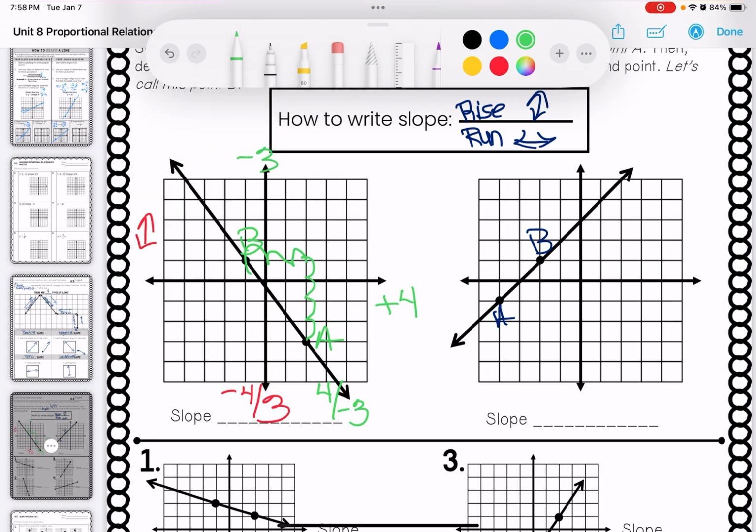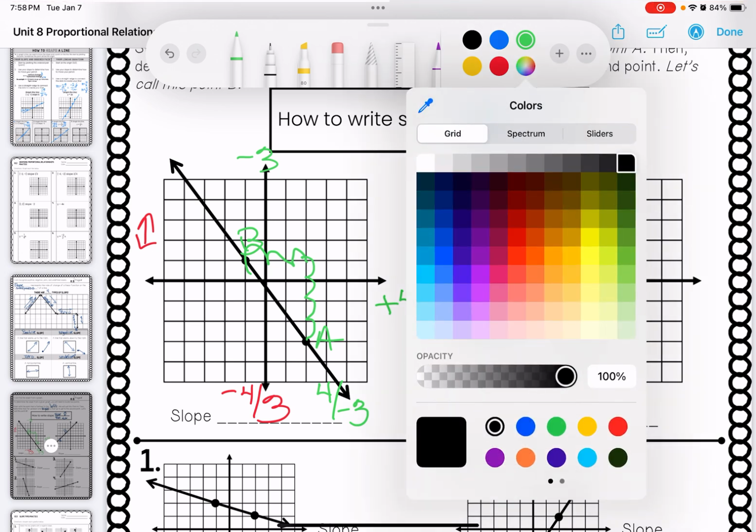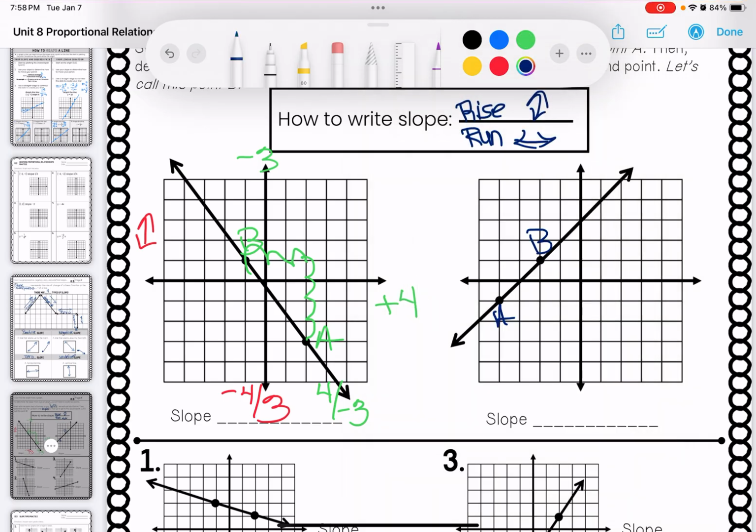All right, so let's go ahead and finish up. So my rise, I'm going to start at A. 1, 2. My rise is, I went up, +2. My run, 1, 2.